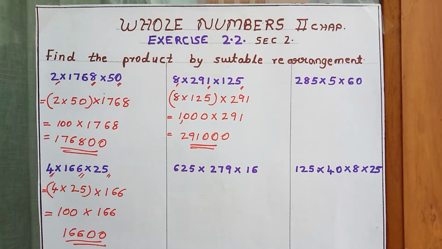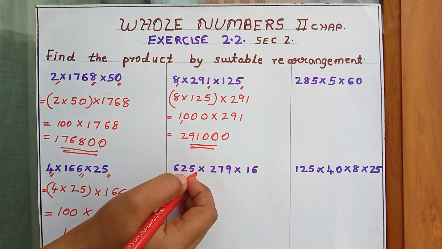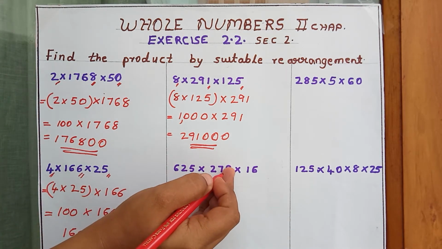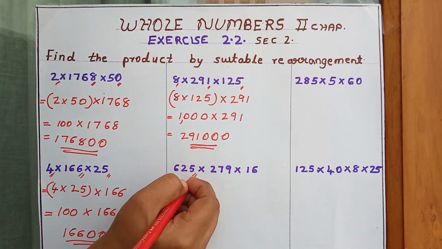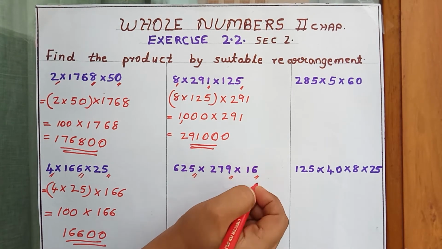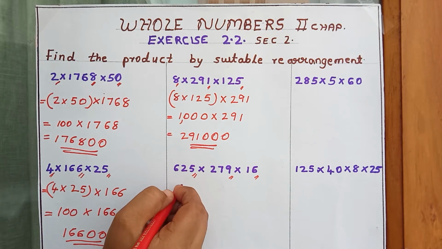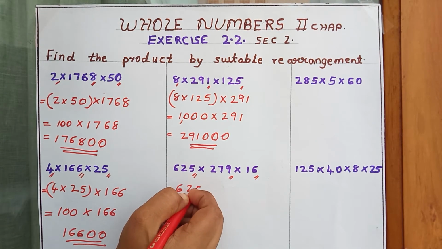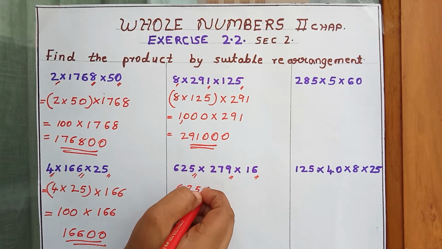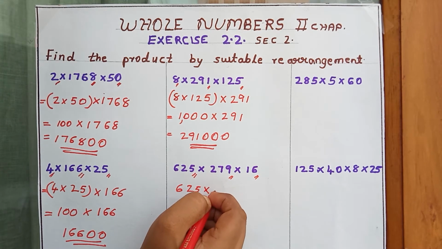Here you can see that 625 into 279 into 16. So 5, 9 and 6 are in ones place. So 625, 5 into 6 will be giving 0 in its ones place.